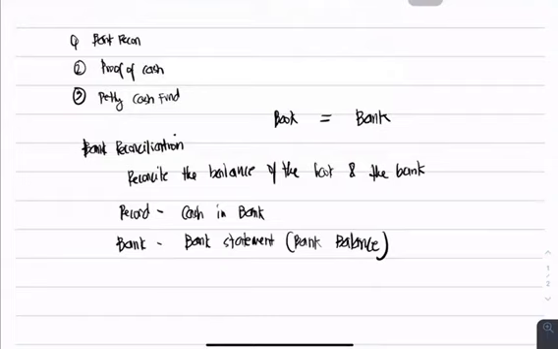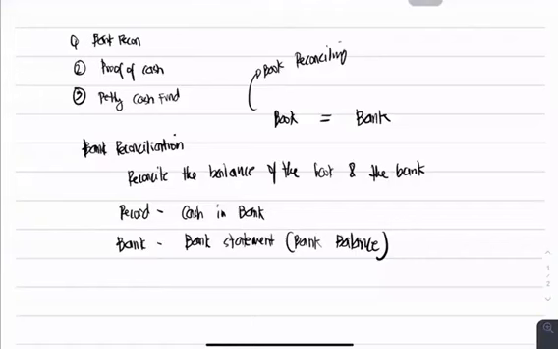Those items are called book reconciling items and bank reconciling items.